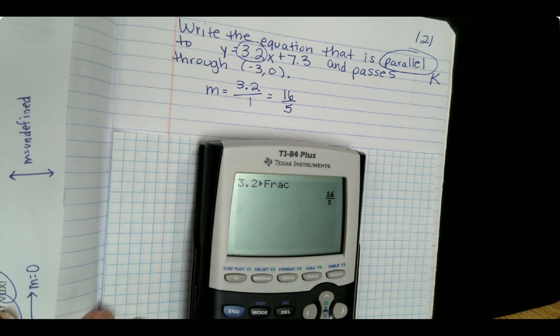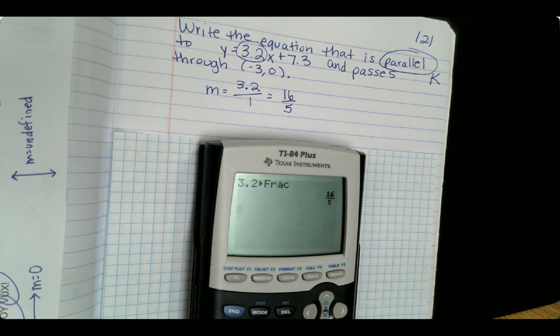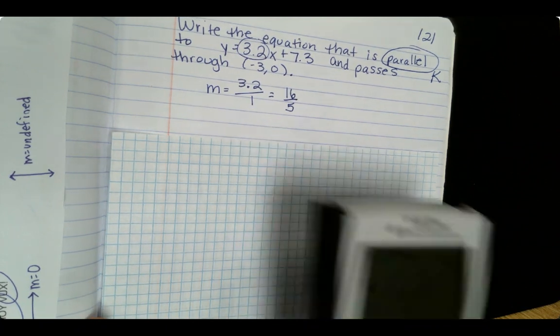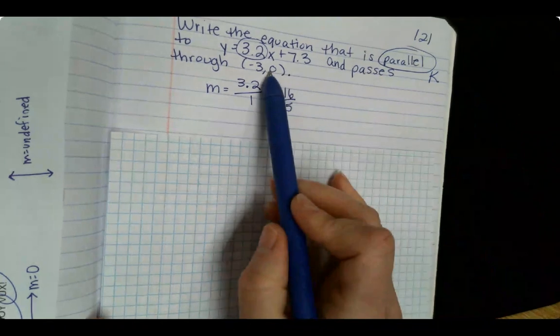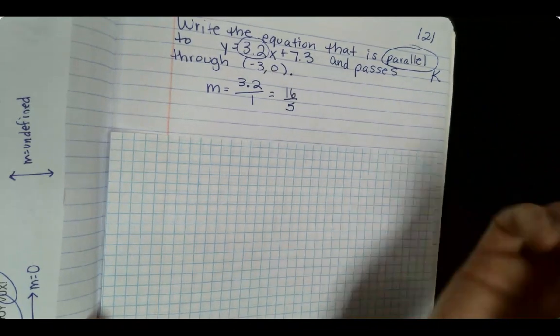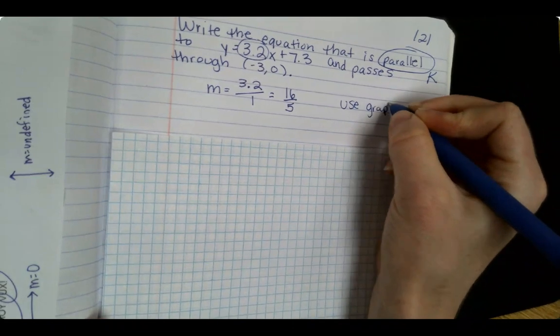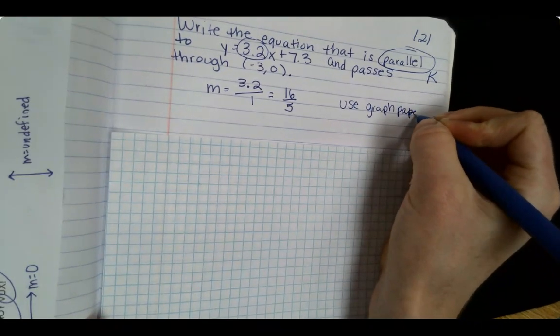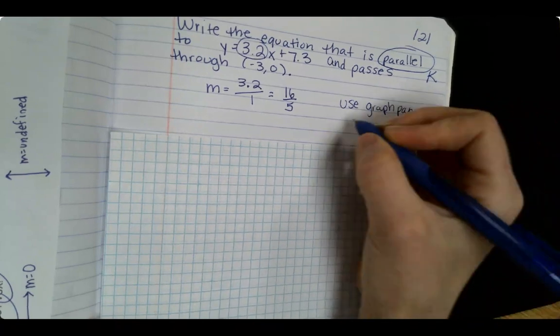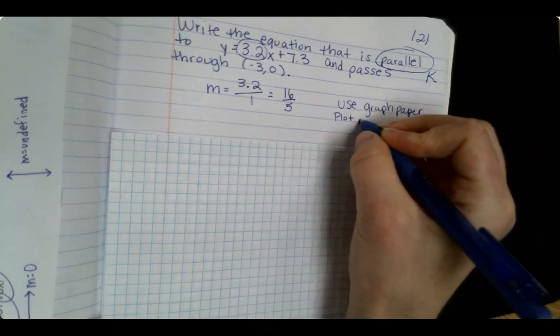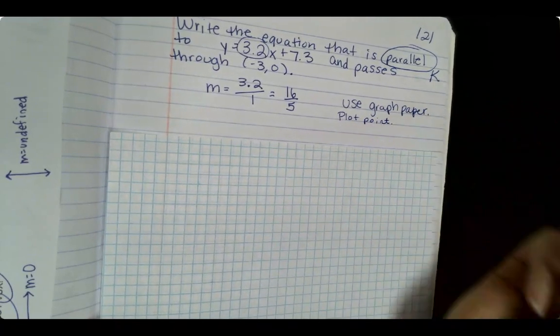So the way we're going to do this, since we don't have answer choices, we are going to use graph paper, and we're going to plot this point. Plot point first.